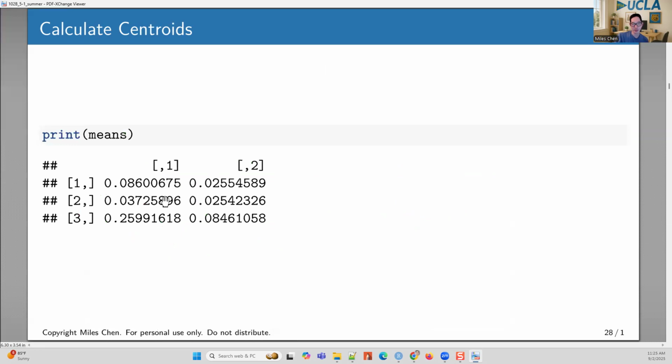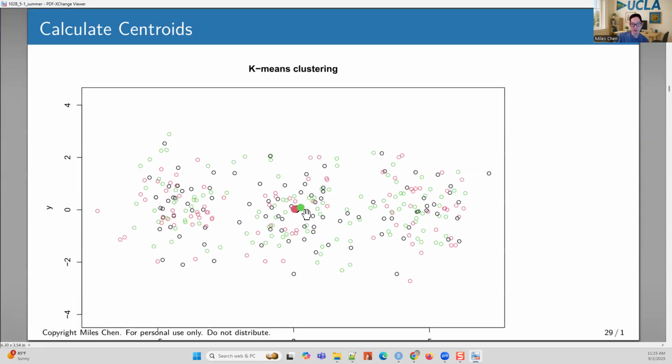So if you look at cluster one and cluster two, as far as the X2 component, they're almost exactly the same, 0.0255 versus 0.0254. And then for the X1, it's 0.086 versus 0.037. So this one is just ever so slightly to the left of it, and it gets plotted on top. So it almost completely covers the centroid for cluster one here. Okay, and then cluster three in green is over here. And that's just the result of randomness.